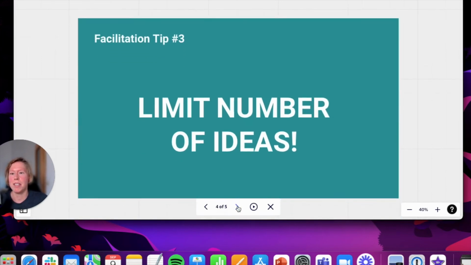Number 3 is limit number of ideas. Not limit number of ideas when everyone works in their individual phase, but as soon as they go together in pairs or groups. So that saves you from a huge amount of ideas to choose from in the end, and they can choose what ideas they like best and leave others out of the picture.